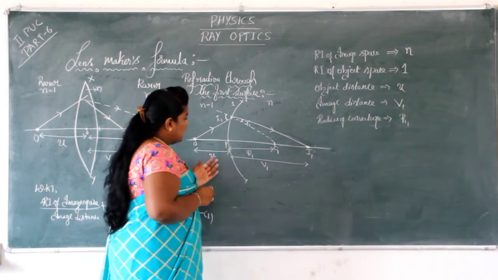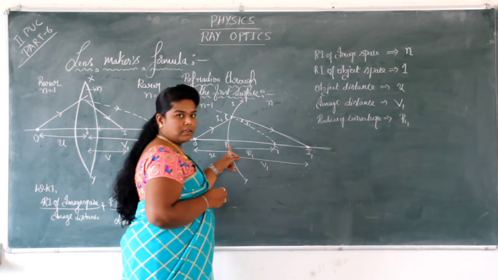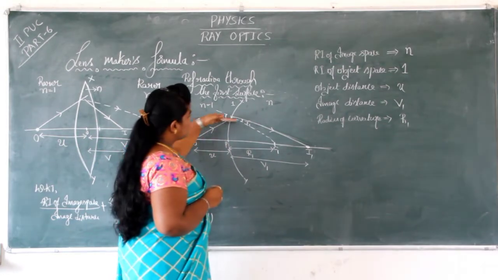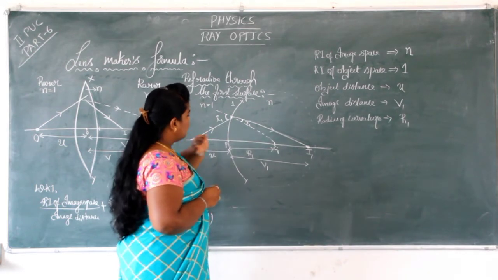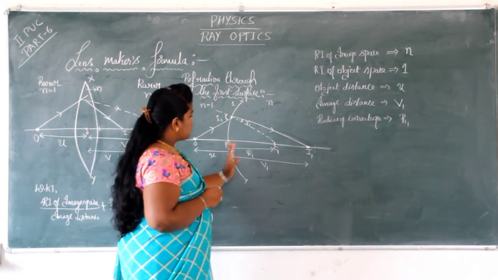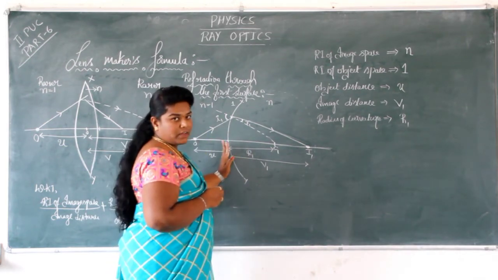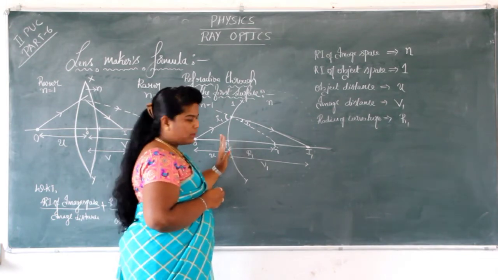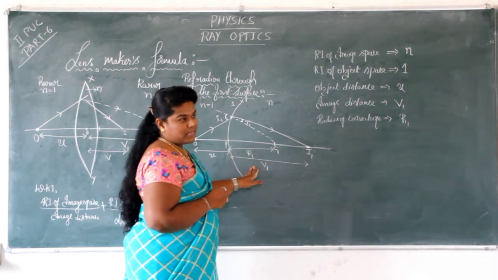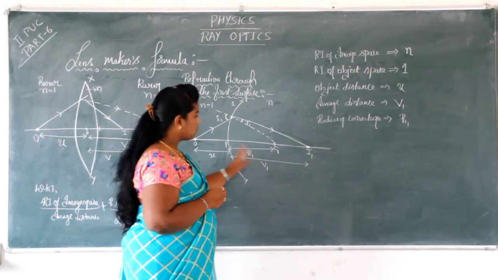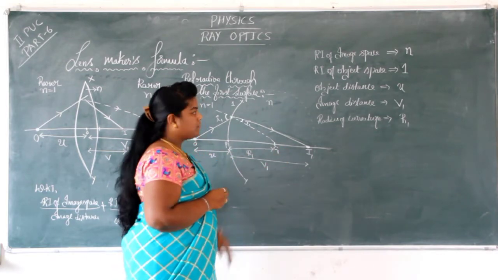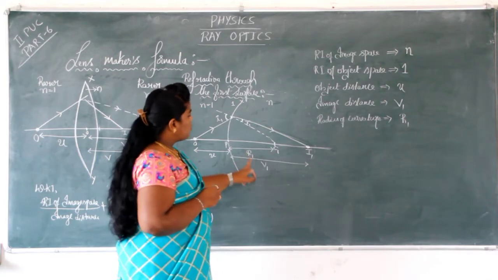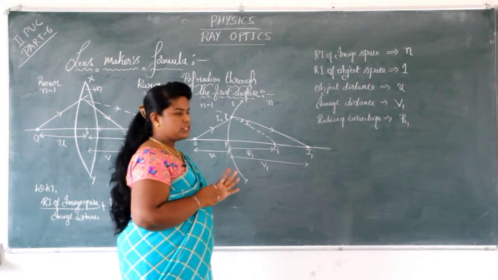Here you can observe that the pole is here. The incident ray is towards the positive x-axis. The R1, the measurement of the radius of curvature from the pole, and the measurement of the image distance from the pole, are both along the direction of the incident ray. So R1 and V1 are positive.